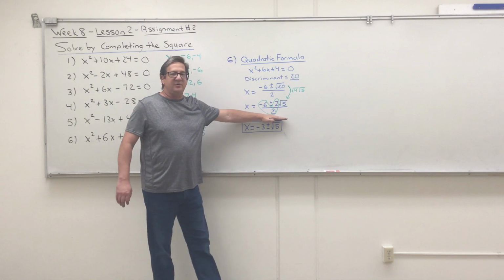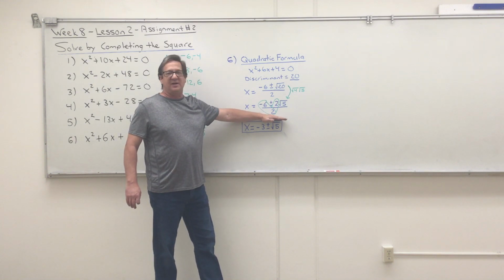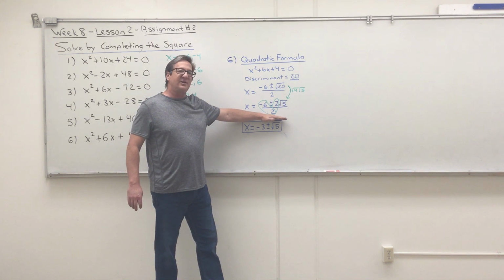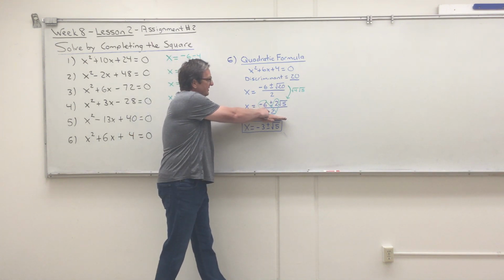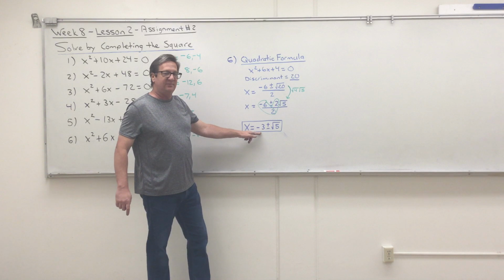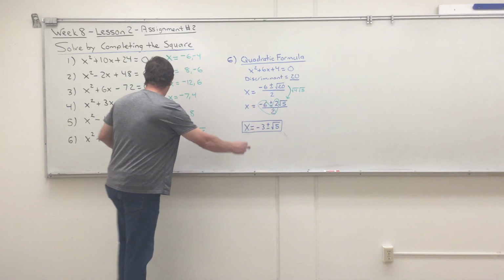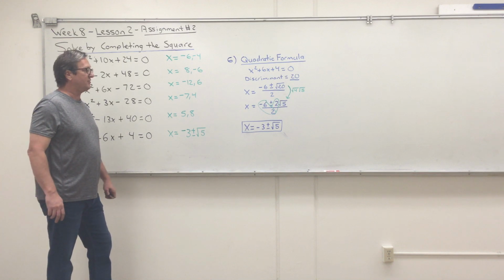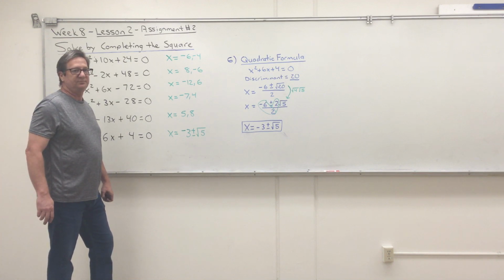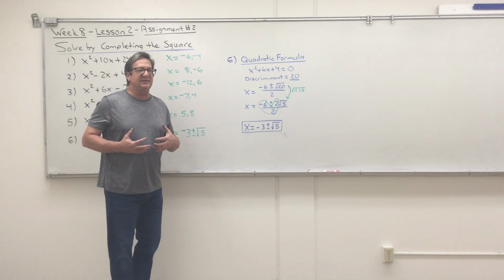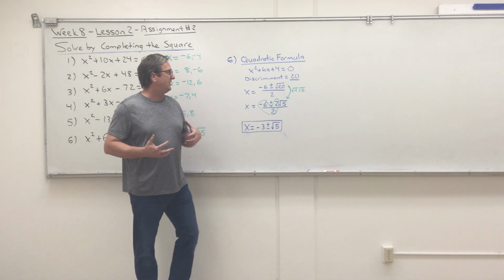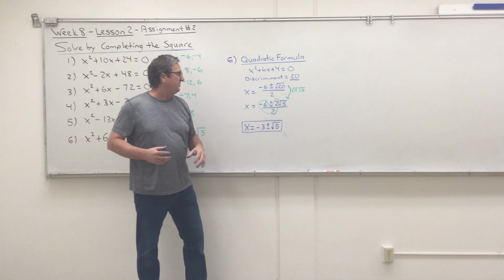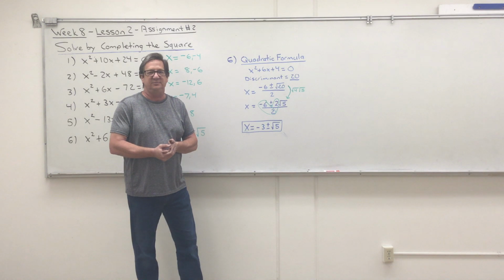So last week, or a couple weeks ago, you might have stopped right there. But if we keep simplifying, our final answer would be -6 divided by 2 is -3. The 2's cross out, and we get -3 plus or minus radical 5. So what that tells me is that if you do the quadratic formula, you might have some work to do to simplify your radical.